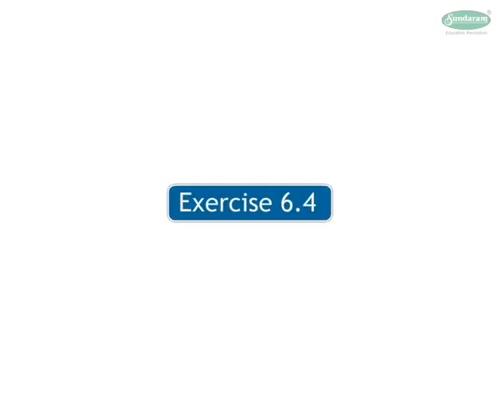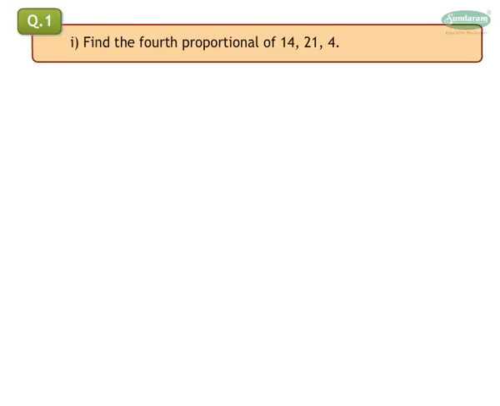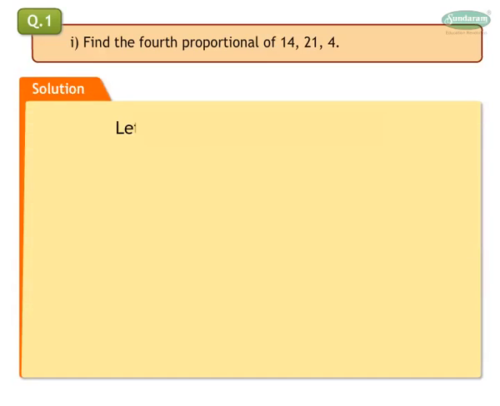Exercise 6.4, question 1.1. Find the fourth proportional of 14, 21, 4. Solution. Let the fourth proportional be x. We therefore get 14 upon 21 is equal to 4 upon x.